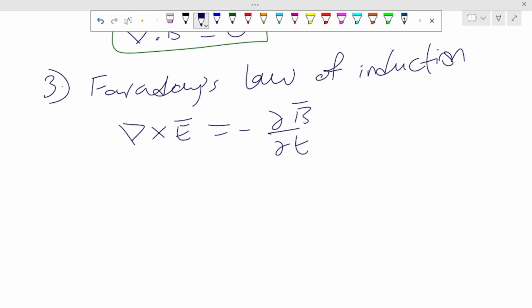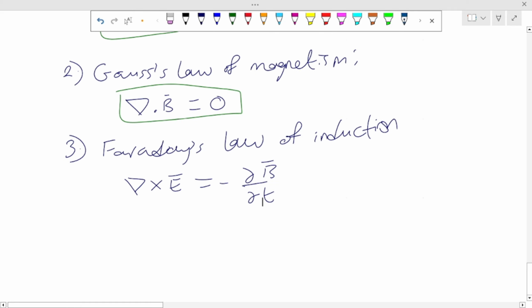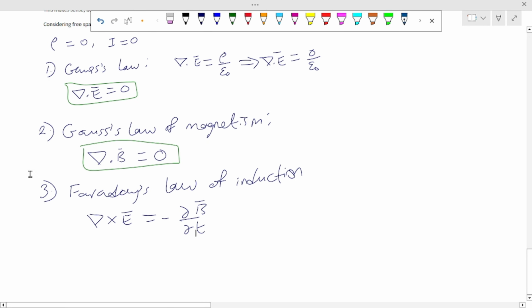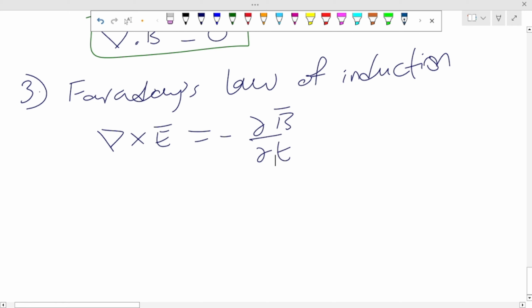This is what we have for Faraday's law. Now look at it. Is there anything that will make anything zero? There's no charge or current here, so it remains. We're good with that.